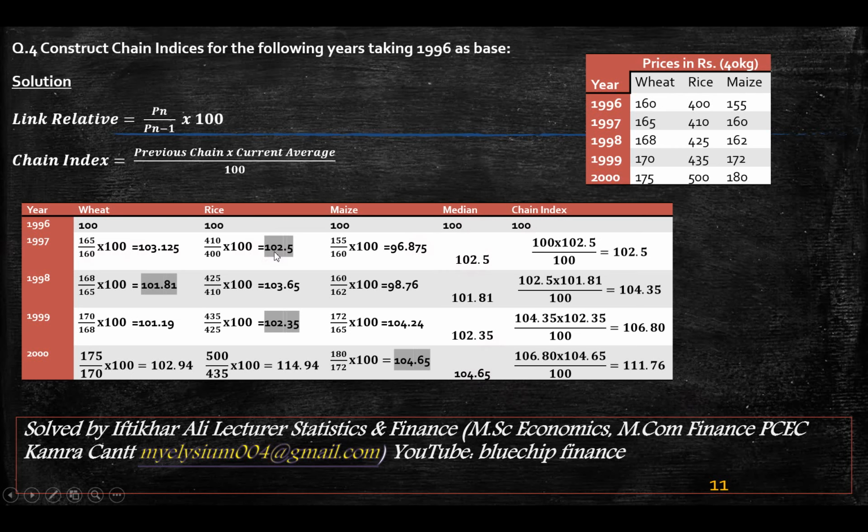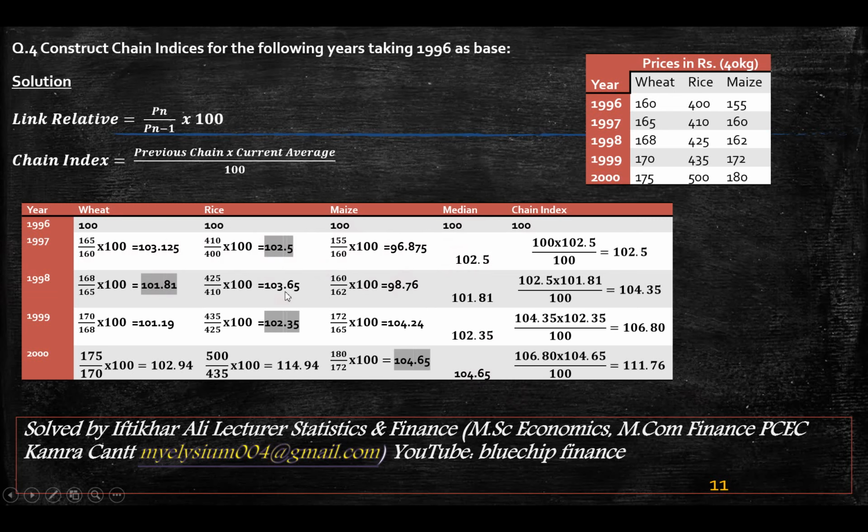Median for 1997: because there are three values, the middle-most value after arranging the data is 102.5, because for the calculation of median data must be arranged. So the first or least value is 96.875, the second value is 102.5, and the third value is 103.125. So the second value is taken as median, 102.5.